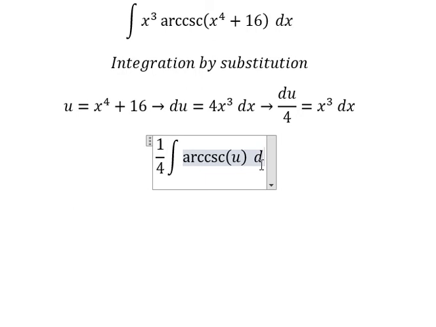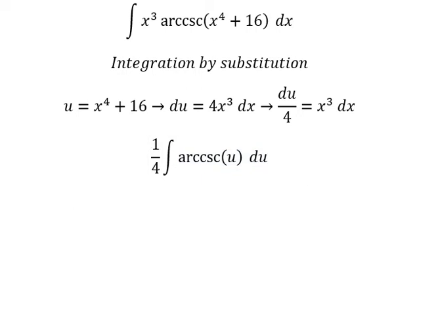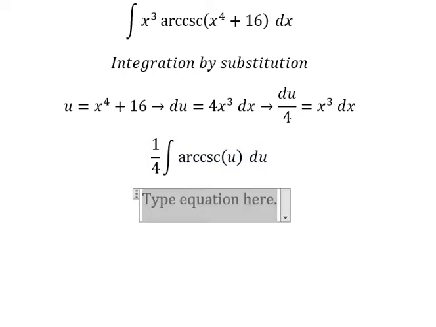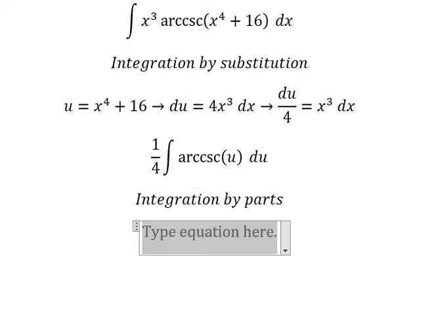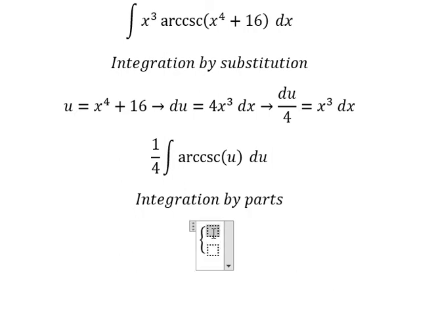Now we can use integration by parts. So I will put t equal to arccsec of u.